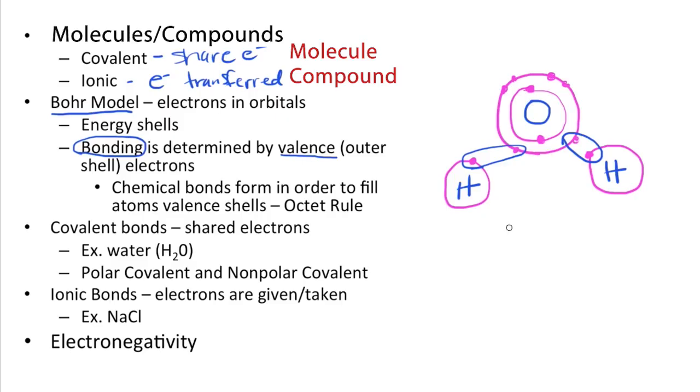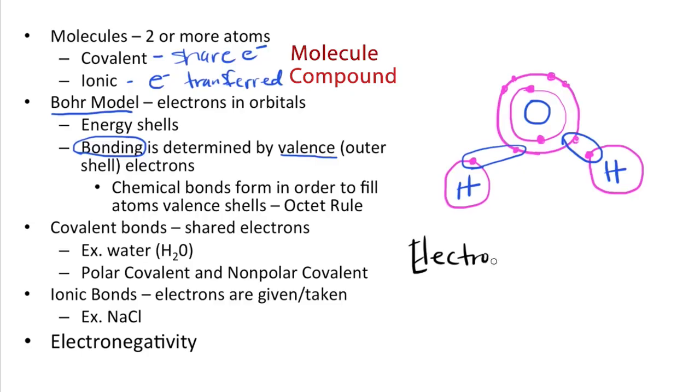Now let's talk a minute about what I mean by polar covalent and nonpolar covalent. Every atom has a certain affinity for electrons. And by affinity, I mean how closely they hold those electrons. There's a term that describes this, and it's called electronegativity.